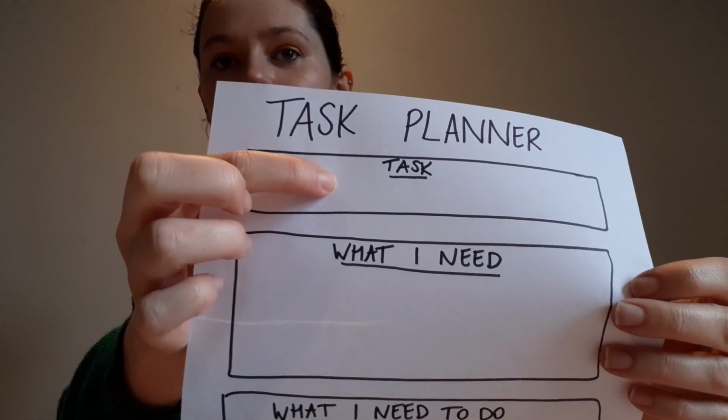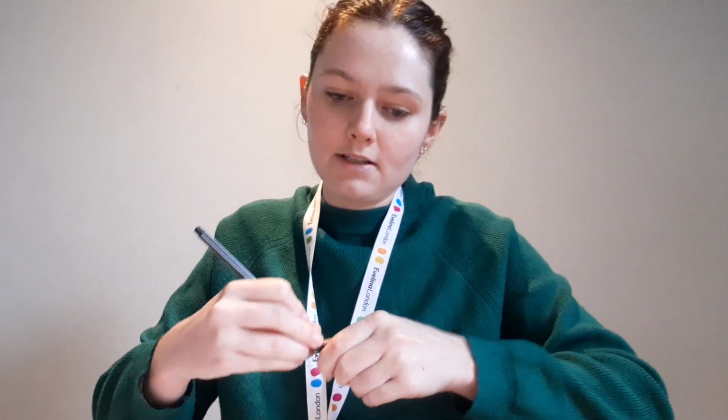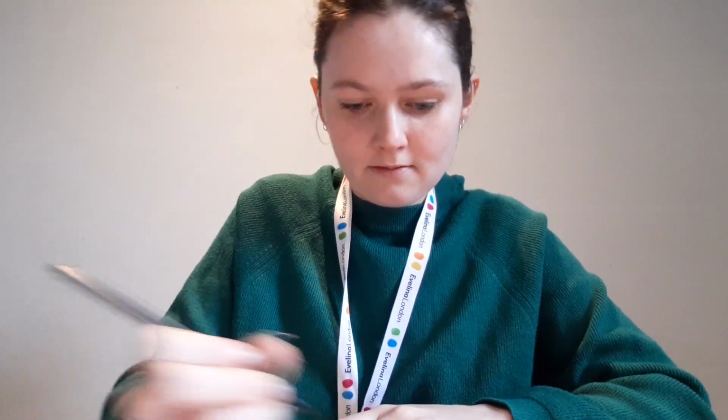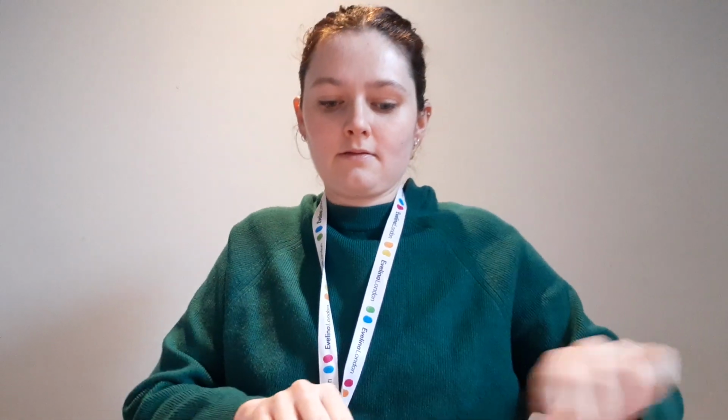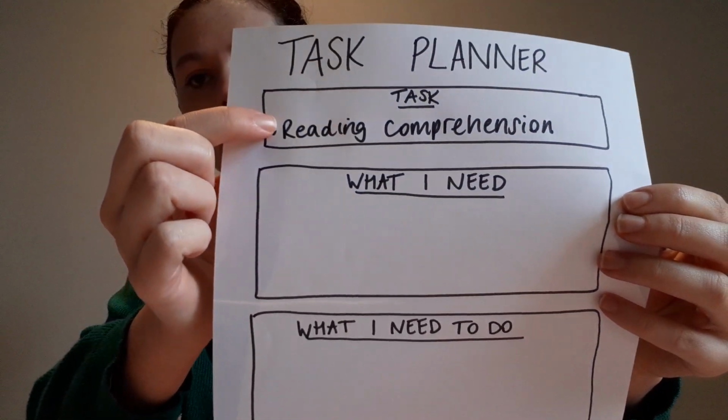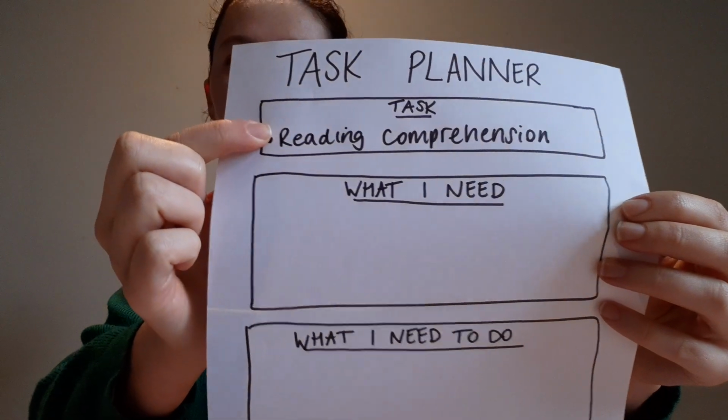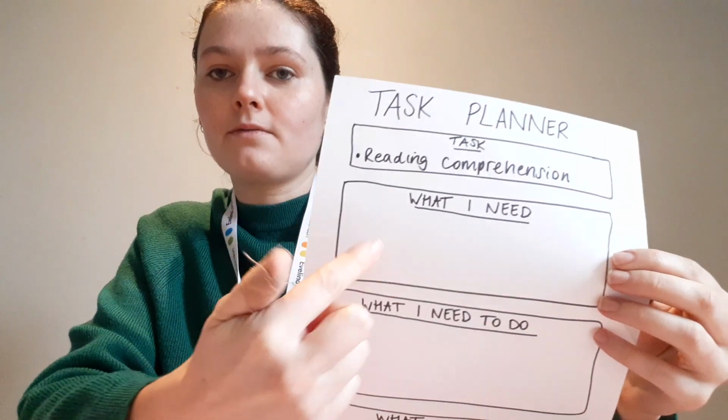Also, using bullet points in each box will really help to make the planner clear and easy to follow for your child. So in our first box, which is the task, I'm going to write reading comprehension. So we have reading comprehension in our first box. Then moving on to our next box of what I need.